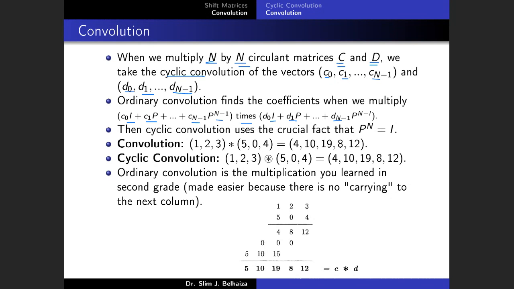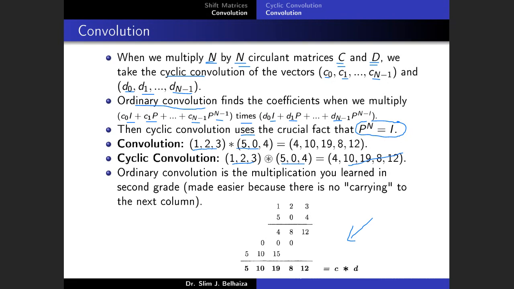So this is ordinary convolution. Then cyclic convolution uses the crucial fact that P to the power n will always give you I. I'll explain here what it means, okay? And this is for the cyclic convolution.